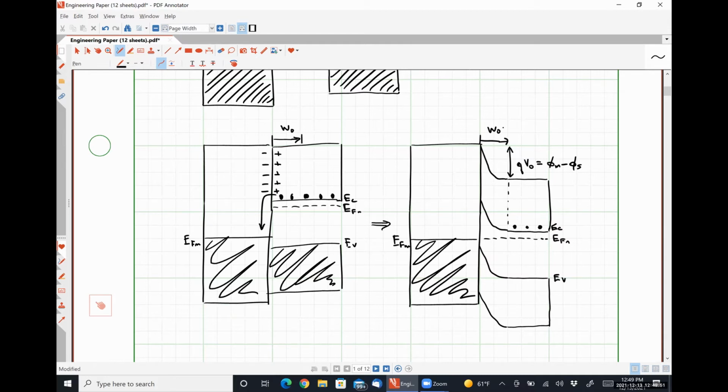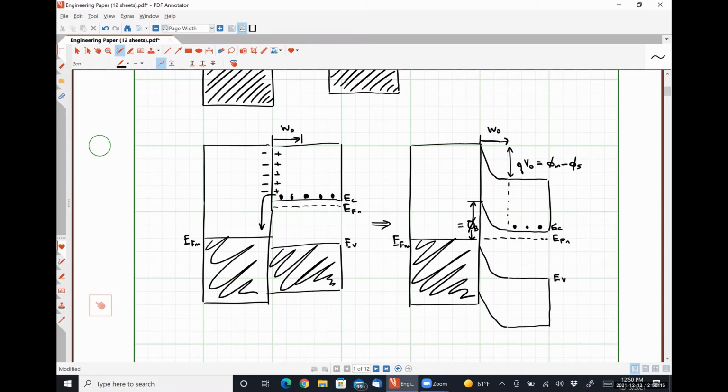All right. Now, there's actually a second barrier in this system. I'm going to call this guy phi B. Phi B is what's known as the Schottky barrier height.